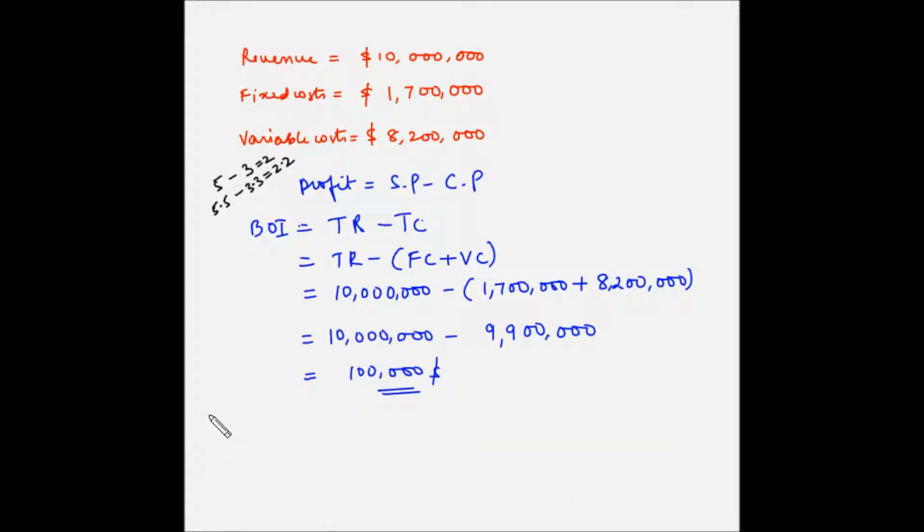So the next analysis is for a case where there is an increase of 5% in fixed cost and 5% decrease in variable cost.